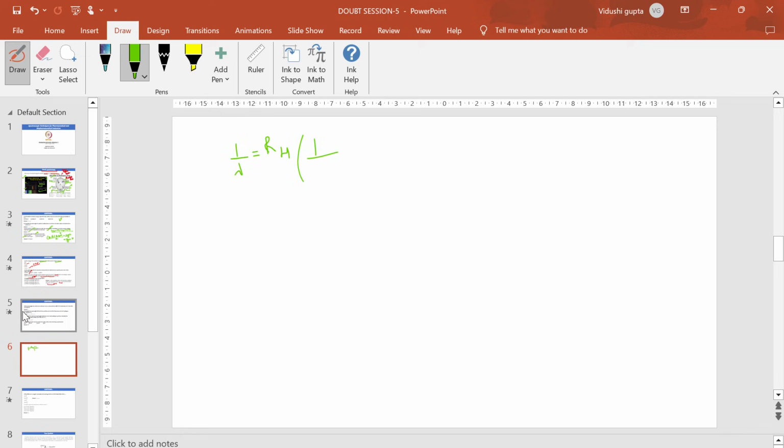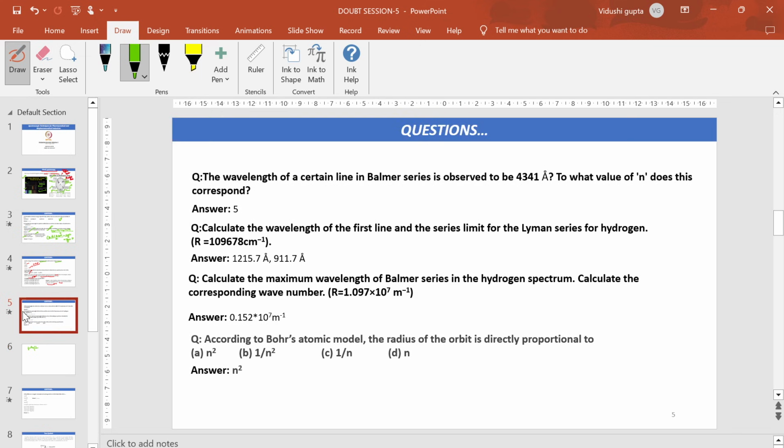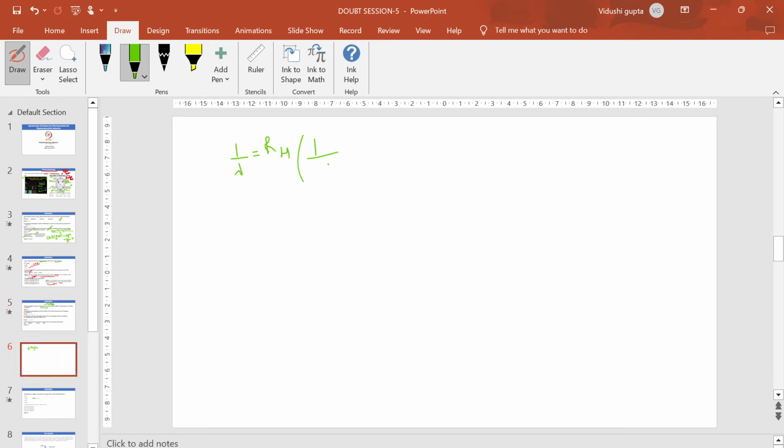So they are talking about the Balmer series. Balmer series we all know. Here the transition occurs from the second orbit. So it will be 2, and this you have to calculate out.